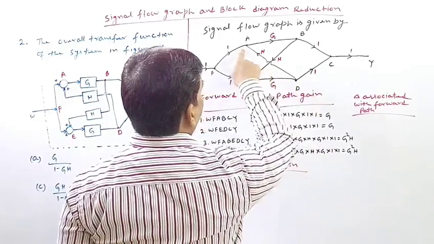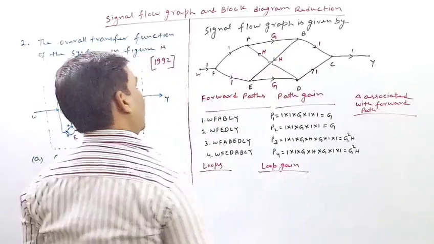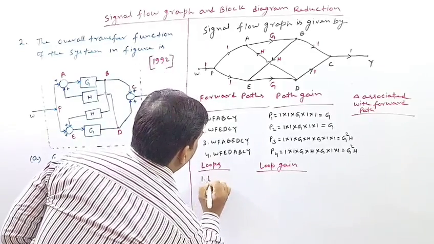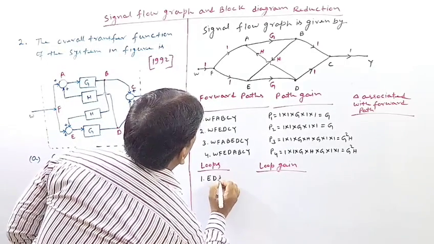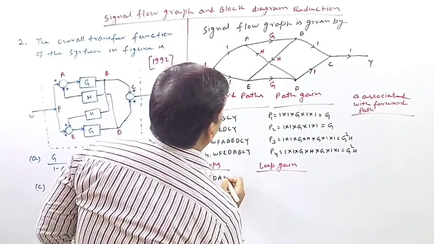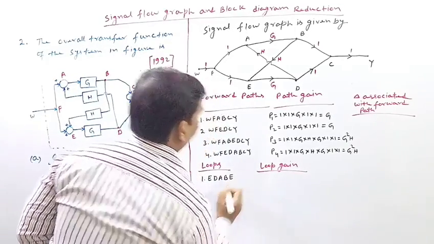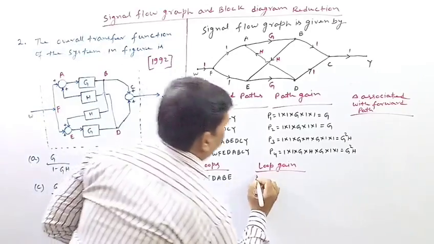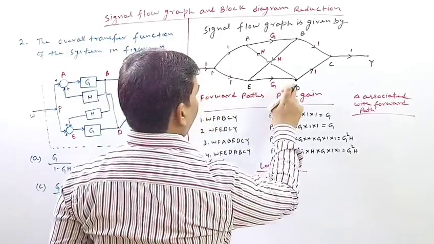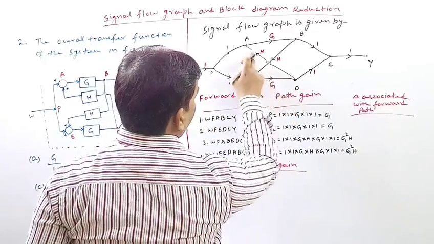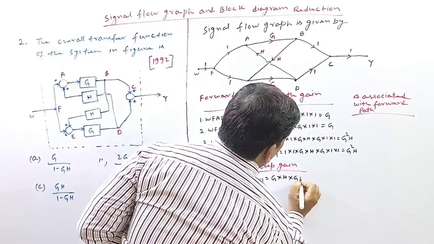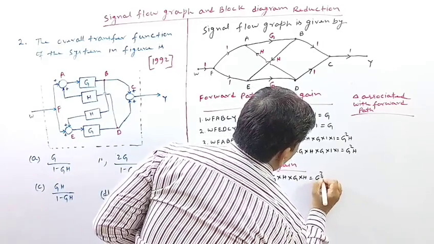There is one loop, E D A B E. Let us denote it by L1. So L1 will be nothing but G multiplied by H multiplied by again G multiplied by H. So it will be G square H square.